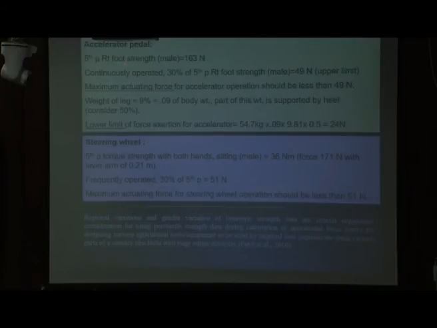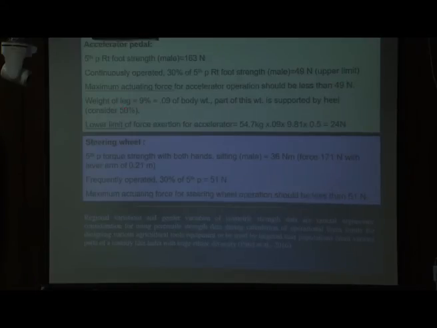As it is continuously being used, we will use 30% of the 5th percentile right foot strength, that is 49 Newton. That is the upper limit. Now the maximum actuating force for accelerator operation, the same we can mention as 49.